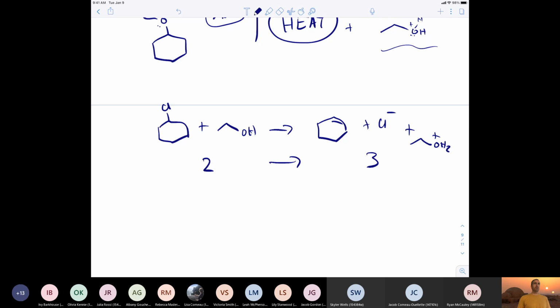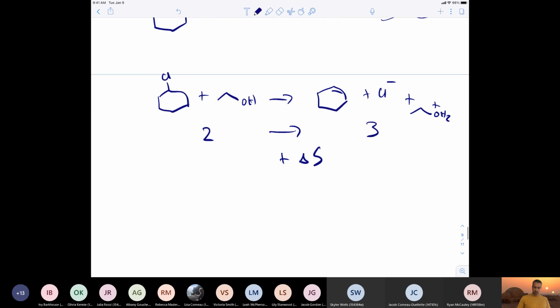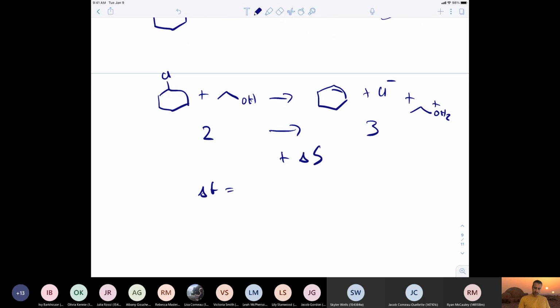So the entropy of this reaction has a positive delta S because you're creating more particles. If you look at delta G, if delta S is positive, then the delta G is going to be more negative. So it's going to be favorable as you bump up the temperature. As the temperature gets higher, this piece gets more negative, and the reaction becomes more favorable.